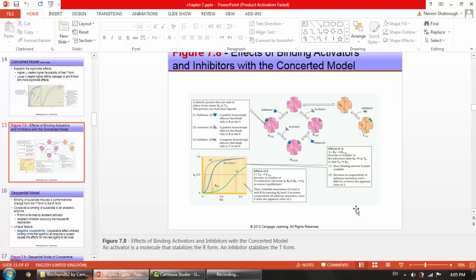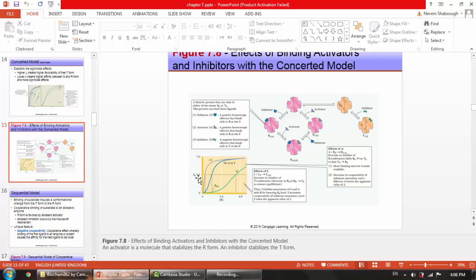Now, if we look at this plot of Y versus substrate concentration, in the absence of activator or inhibitor, we have a sigmoidal type of curve. When we add the inhibitor, the curve becomes more sigmoidal and shifted to higher substrate concentration, whereas when we add the activator, the curve becomes less sigmoidal, more hyperbolic.